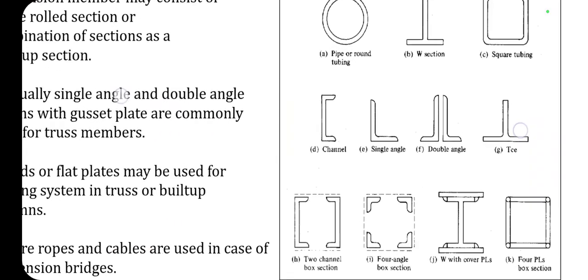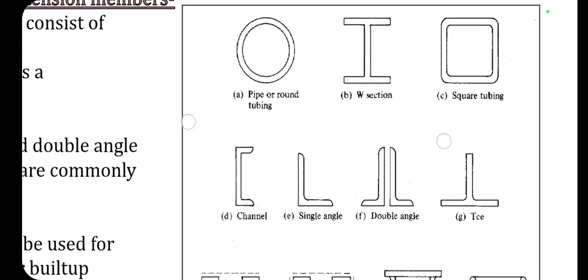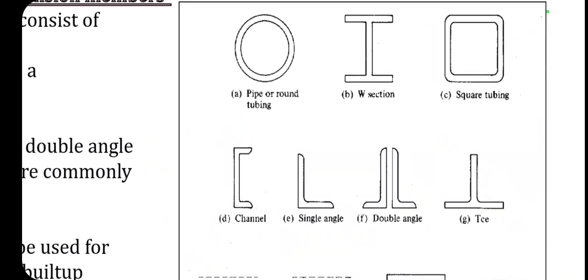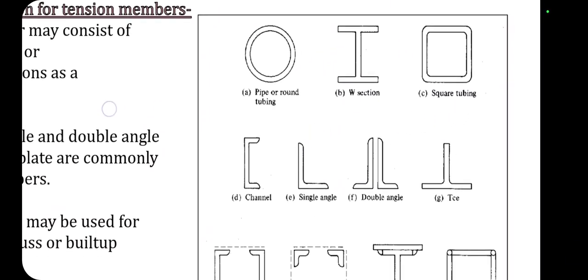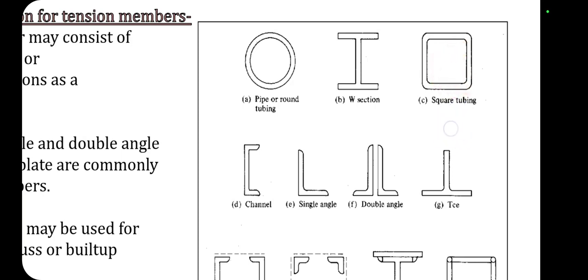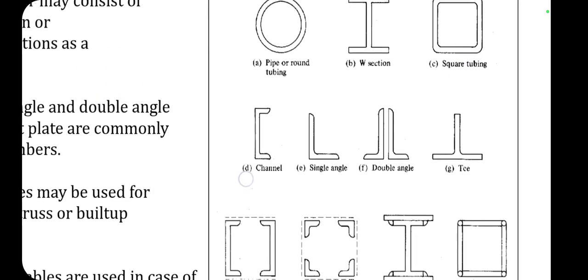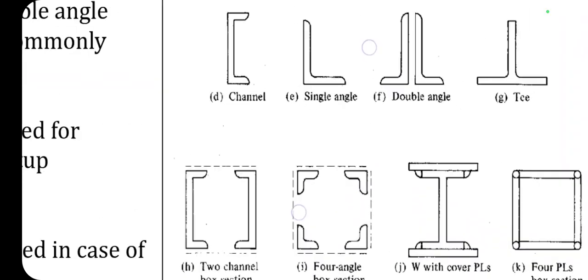Here in the diagram, you may observe various sections utilized for the design of tension members. The very first is a round pipe or tube. Second is the welded eye section, third is the square tube, fourth is the channel section, fifth is the single angle section, and sixth is the double angle section.